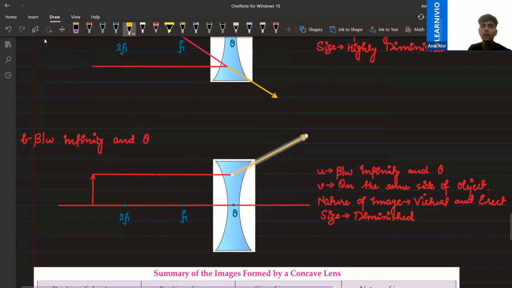Yeah. So everyone, now see this thing. What I have to do is that the light ray would be converging at the focus, right? Now what will happen if the light ray passes through the optical center like this.